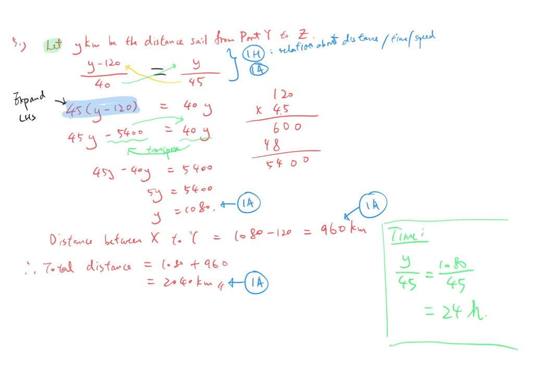So that means for this question, the ship sailed for 2 days, 1 day from X to Y, 1 day from Y to Z. So the whole journey spent 2 days to travel.